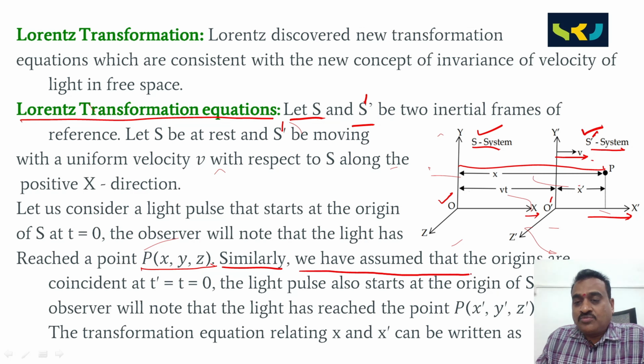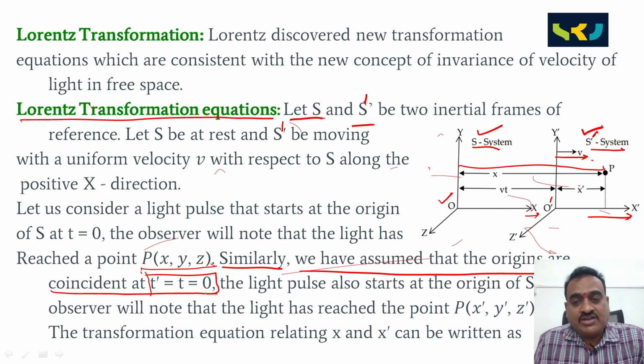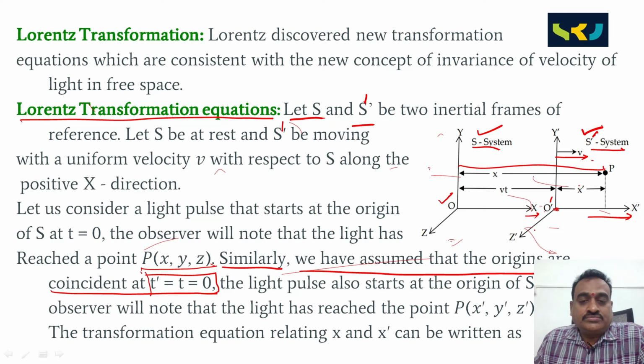Similarly, we have assumed that the origins coincide at t dash equal to t equal to 0. Imagine the origin O coincides with the origin O dash at t dash equal to t equal to 0.